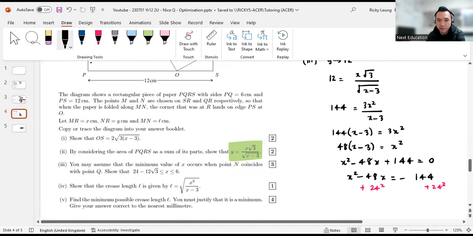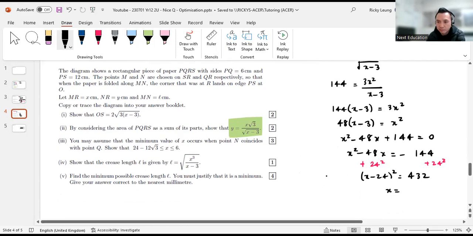Yeah, and so you get minus 24. Guys, what's 24 squared minus 144? 432. So you get x equals 24 plus or minus root 432.